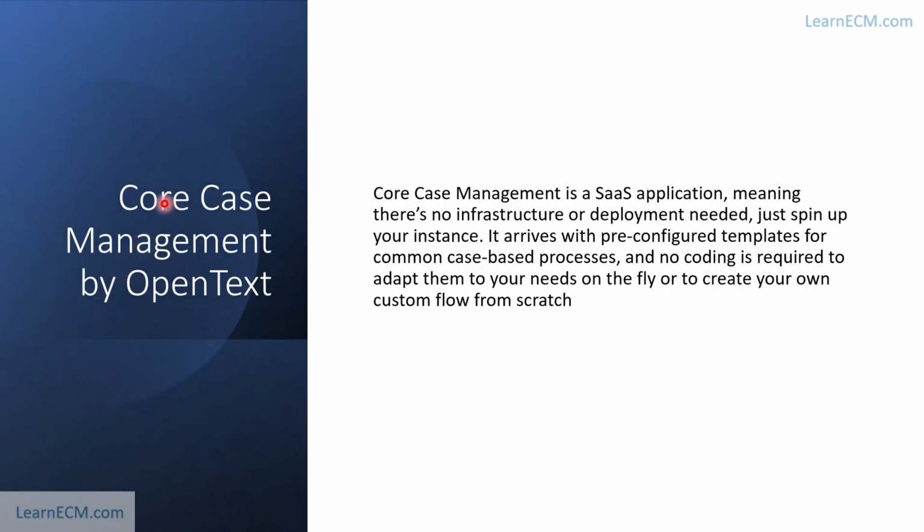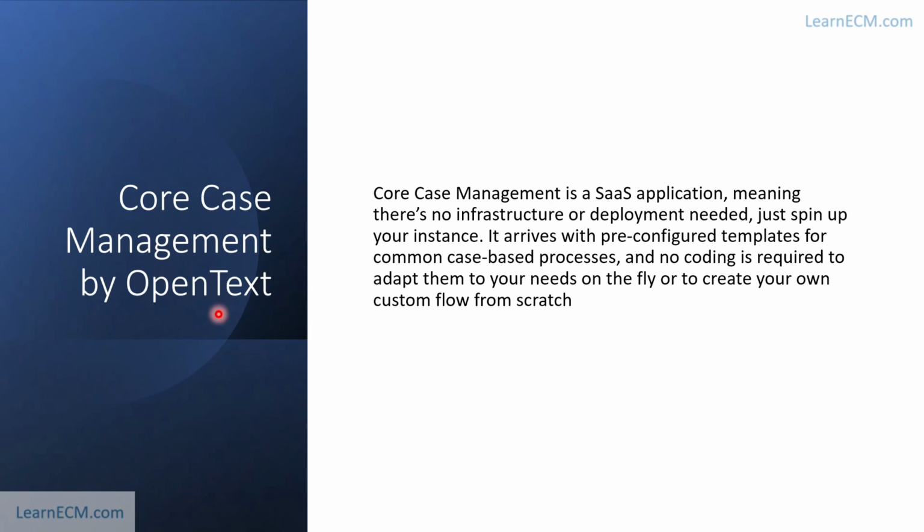Now let us explore Core Case Management by OpenText. Core Case Management is a SaaS application that OpenText has provided. As it's a SaaS application, there is no infrastructure or deployment needed. You can just subscribe to this application and start the implementation. There is no installation required.